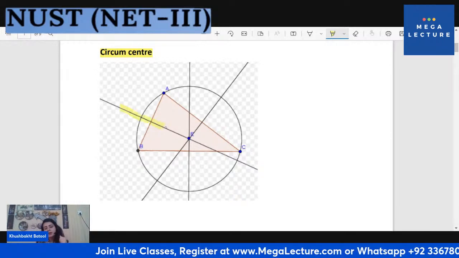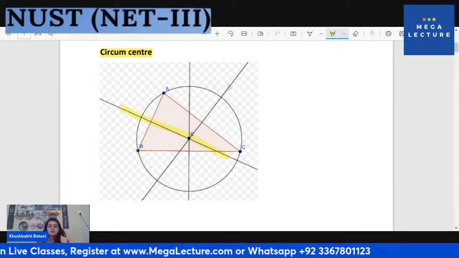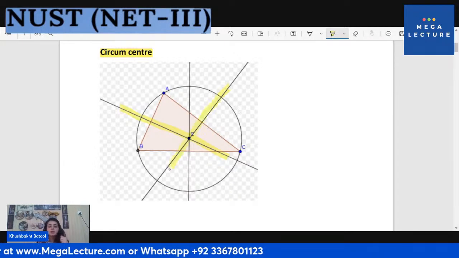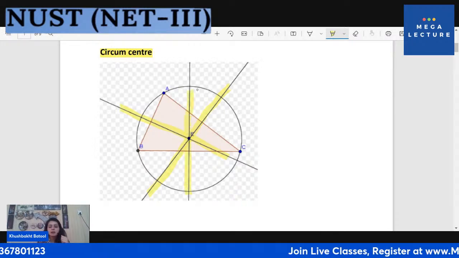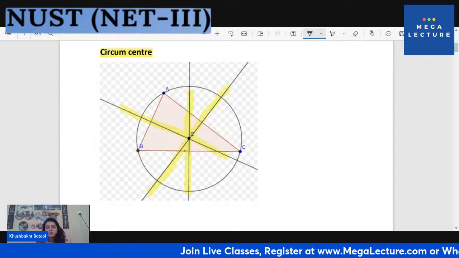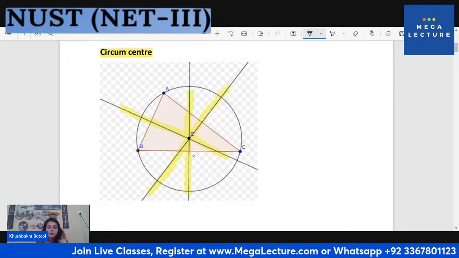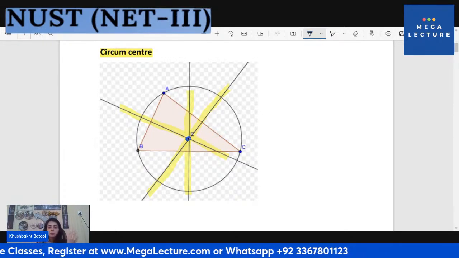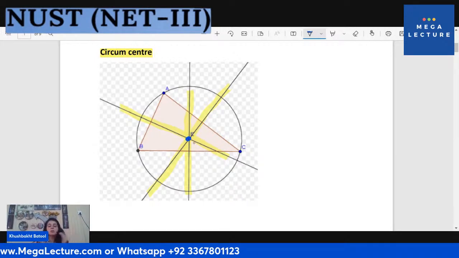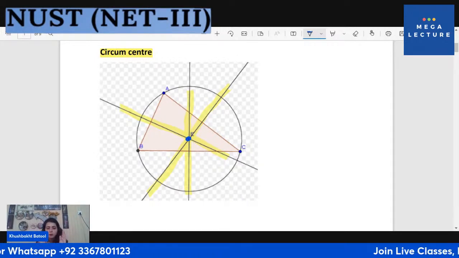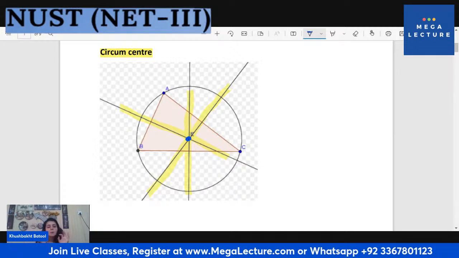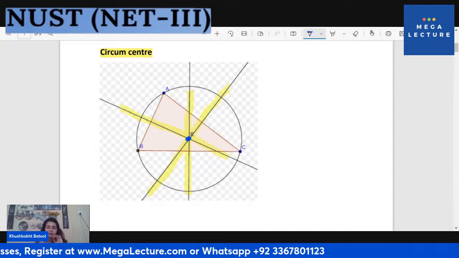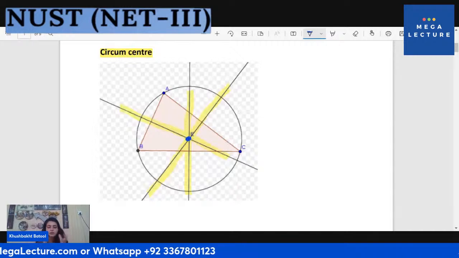This side is the first side, then AC is the second side, it is being perpendicularly bisected here, and then this is the third side, so it is bisected here. So basically the circumcenter is not only the center of your circle, that is certain, but it is the point where the three perpendicular bisectors meet. Okay, so now we know the point at which three perpendicular bisectors which are bisecting the three sides of the triangle meet, that point is basically your circumcenter, because we will be using this definition in the questions.